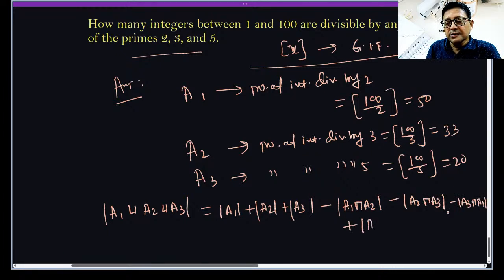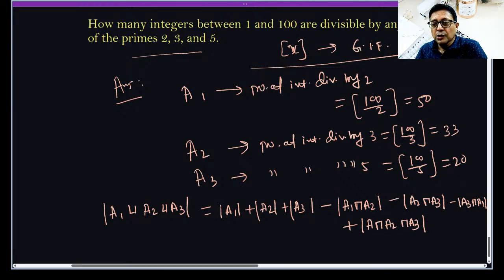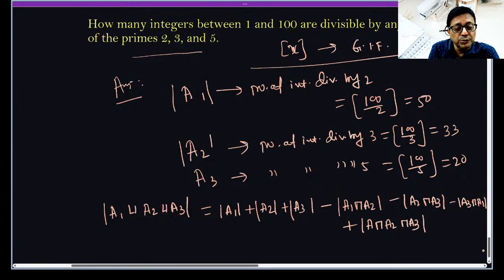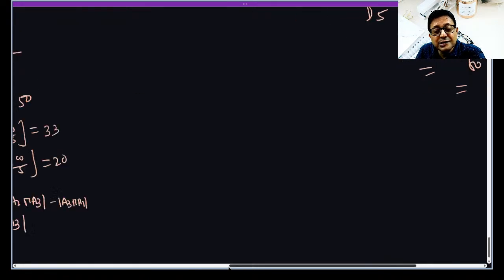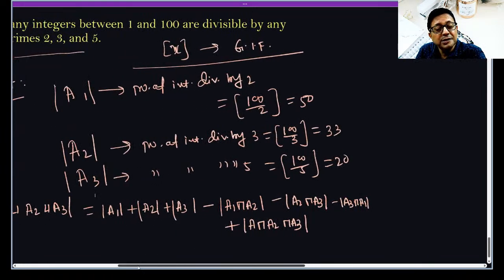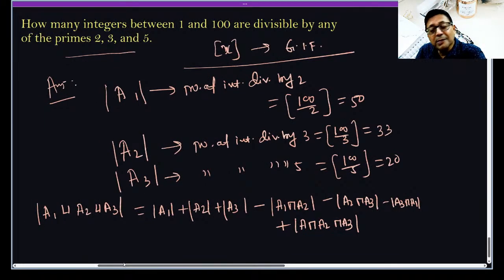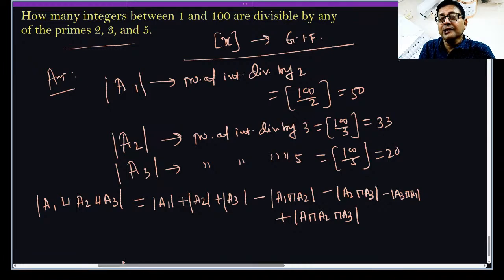This plus, isn't it? So we need to find this. We found the cardinal number of A1, A1 denoting numbers divisible by 2. Similarly A2, A3. But we need to find A1 intersection A2 also. How will I find? Divisible by both. Let us find it.